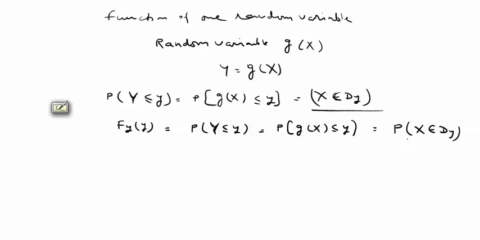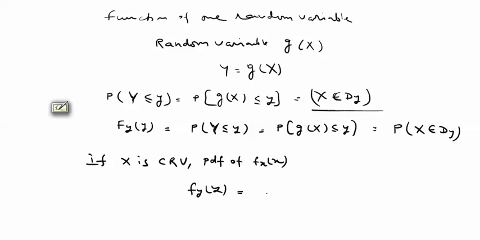For this, if X is a CRV, a continuous random variable, and the PDF f_X(x) is given, then F_Y(y) is calculated from this formula.